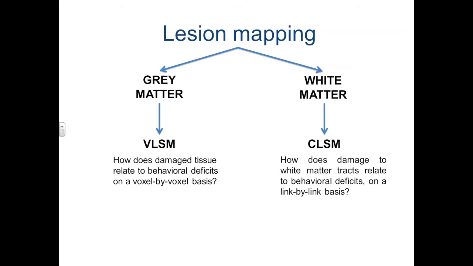So just like voxel-based lesion symptom mapping looks at what gray matter structures are damaged with an associated behavioral deficit, can we think about what white matter tracts, when damaged, are also showing us that they're critical for the performance of a given behavior? And that's basically what I'm going to refer to as CLSM, or connectome-based lesion symptom mapping.